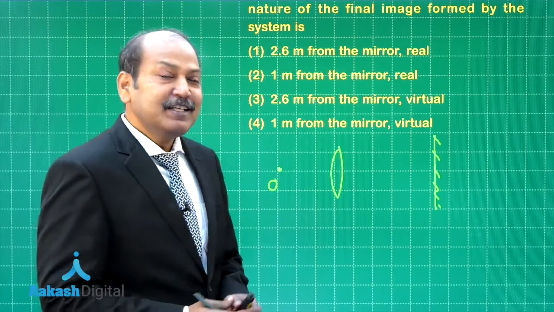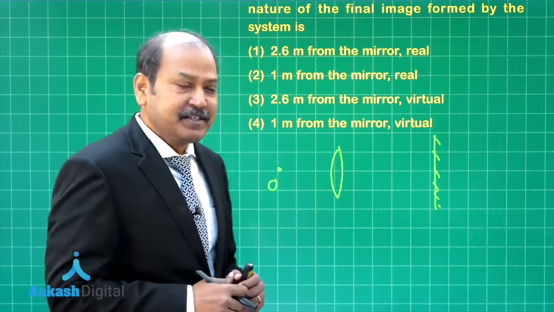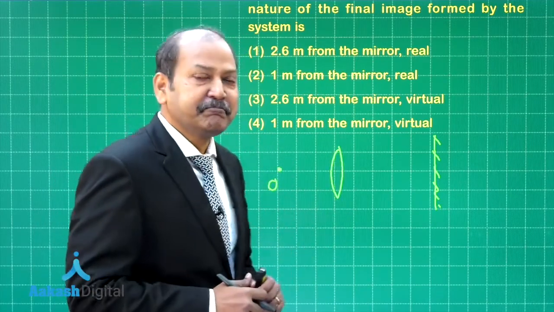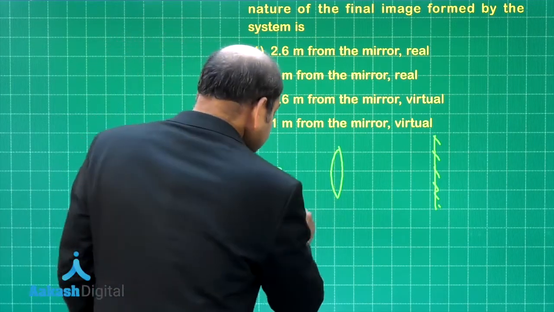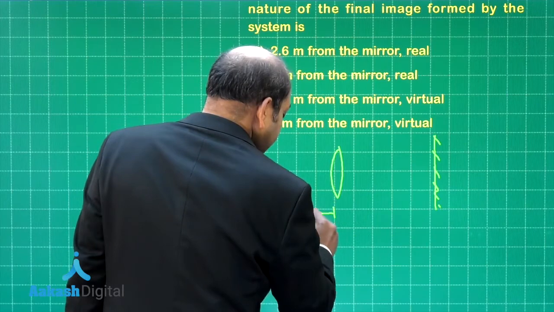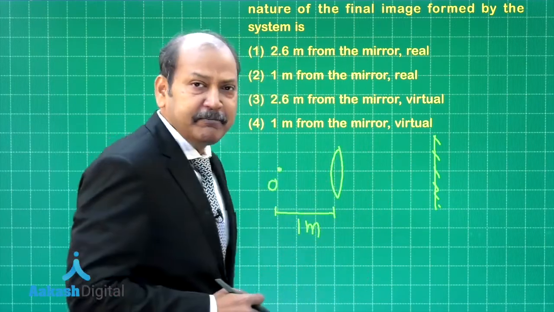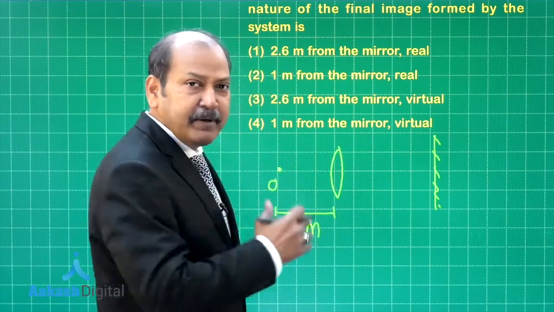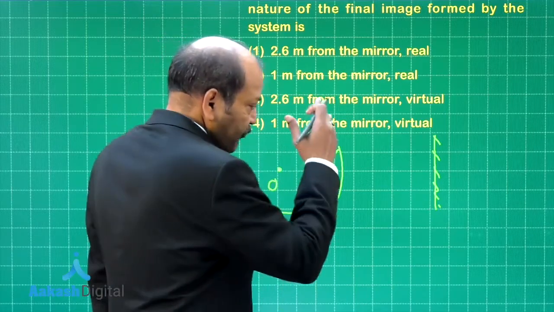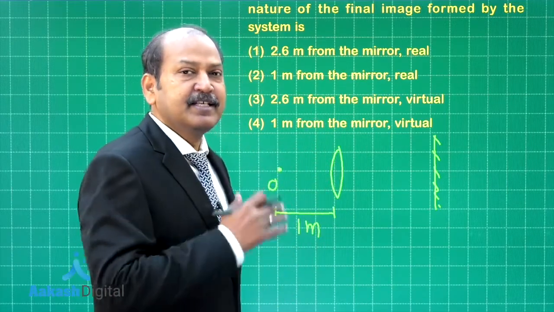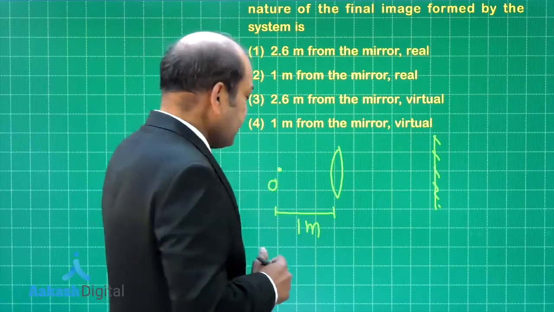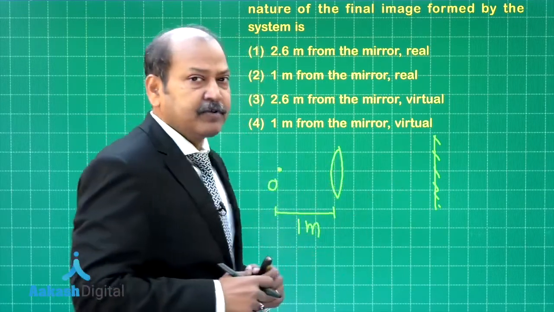So, where will the lens form the image when the refraction is happening for the first time? Because the distance is given as 1 meter, the focal length is 0.5 meter, we know that the image will be forming at 1 meter behind the lens. It is a real image, it is inverted image, and the distance will be 1 meter from the lens.